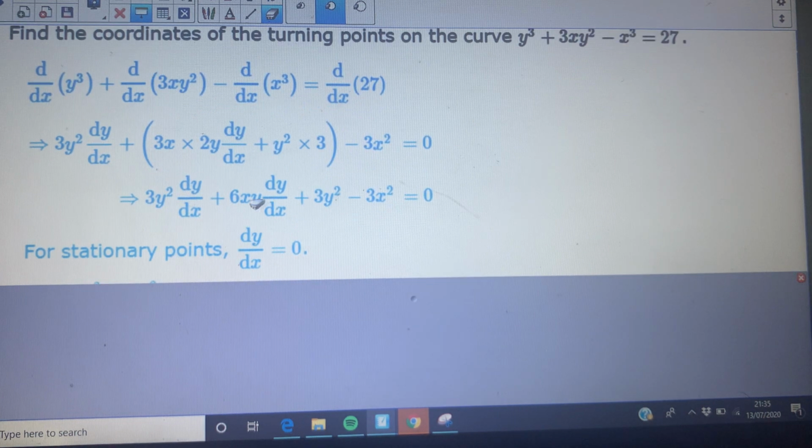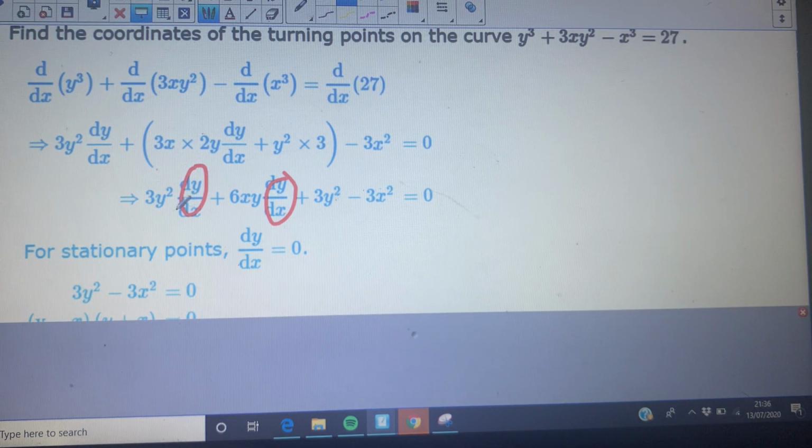So you could rearrange this to make dy dx a subject, but you don't need to. You can literally just substitute, replace dy dx with zeros here. So 0 and 0. So those terms will disappear. You end up with 3y squared minus 3x equals 0.